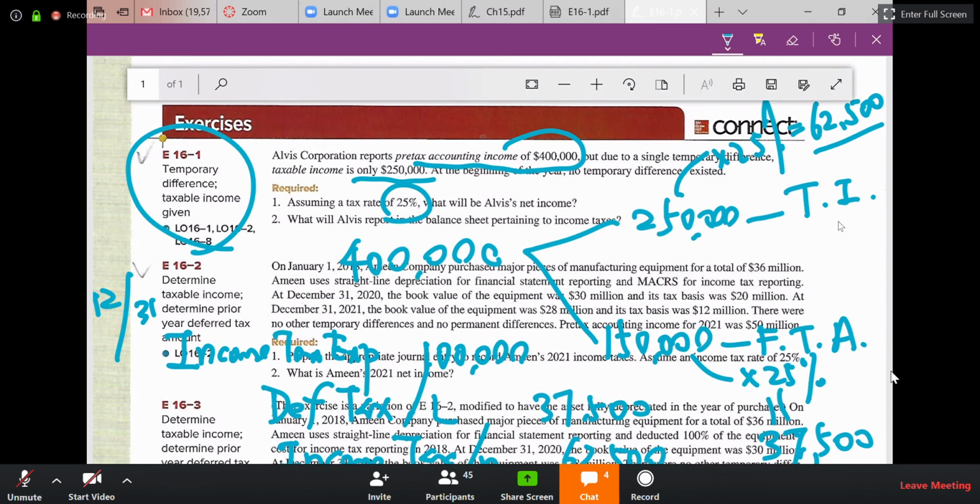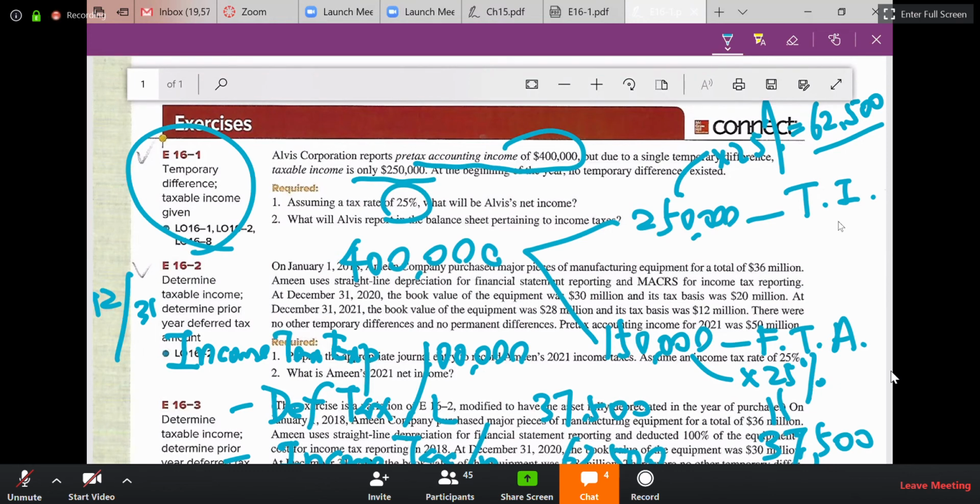One is the deferred tax liability, and one is income tax payable. Those are all liabilities reported in the balance sheet. Any other questions? You're good about that?